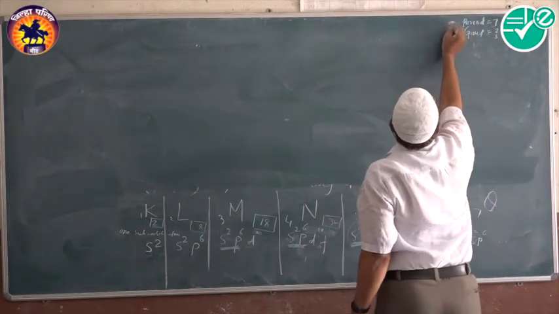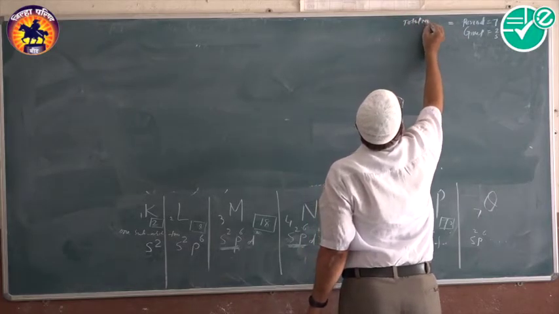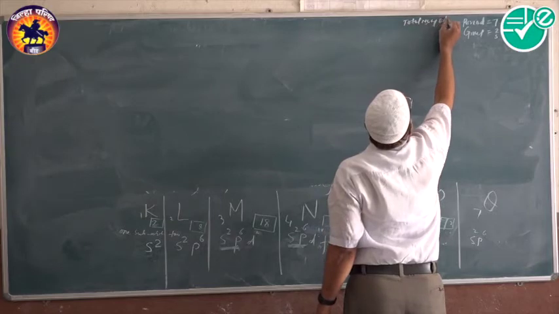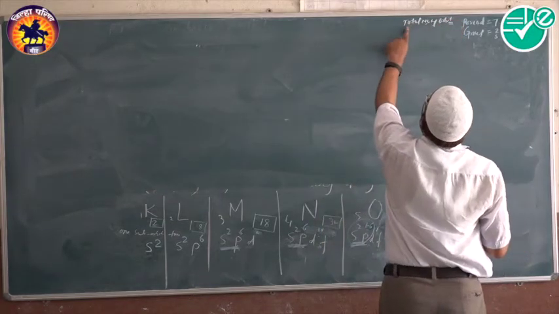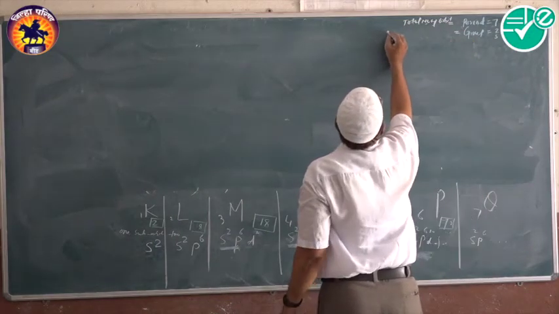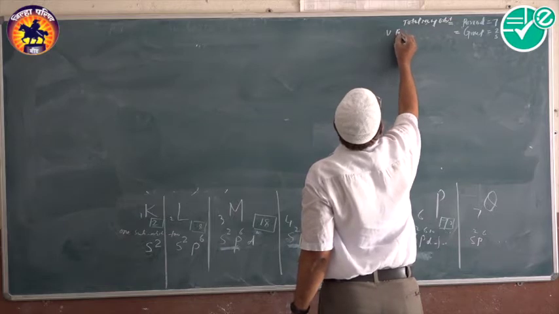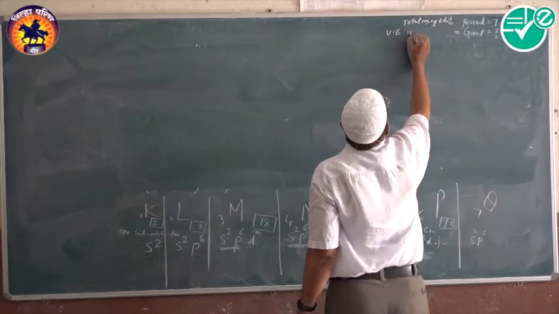Period will be occupied by the total number of orbits, and group will be determined by the valence electrons in the last orbit.